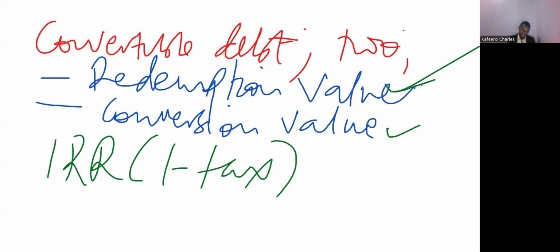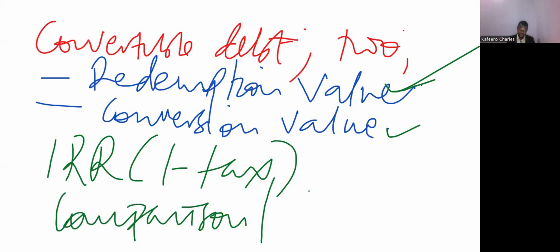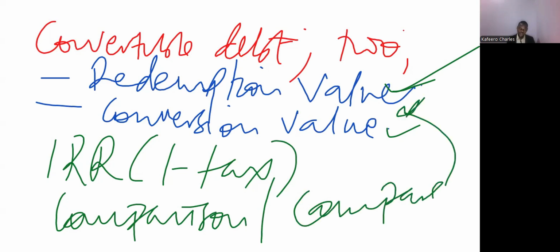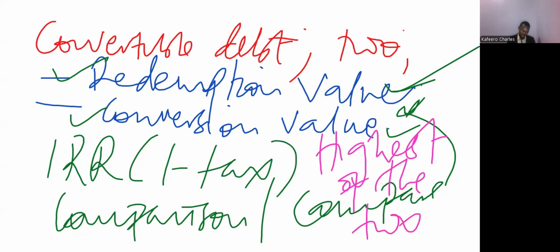So you have to make comparisons. You need to compare these two items. You look at the redemption value and then the conversion value. You check which one is higher. We take the highest of the two. If the redemption value is higher, we take the redemption value. If the conversion value is higher than the redemption value, then we go with the conversion value.